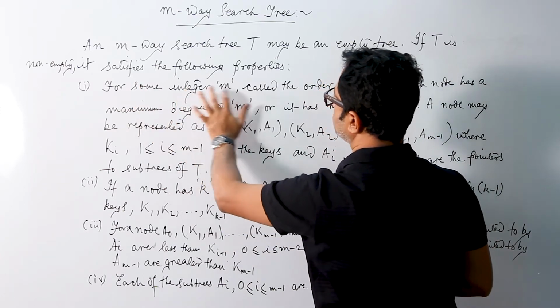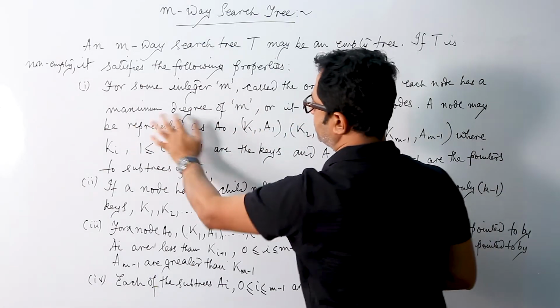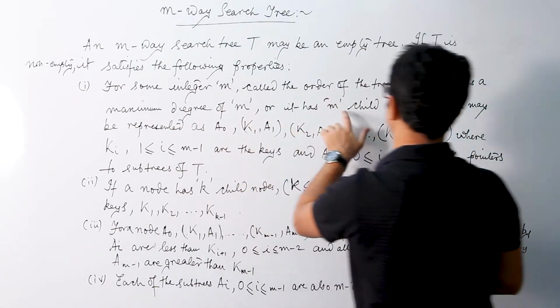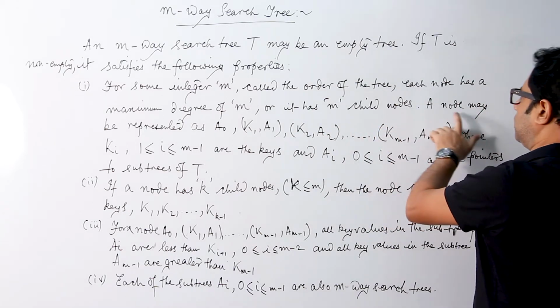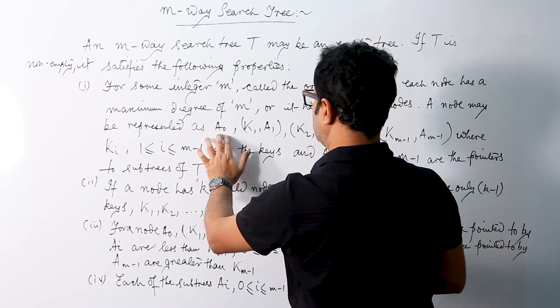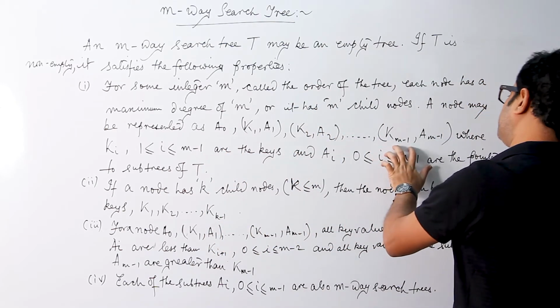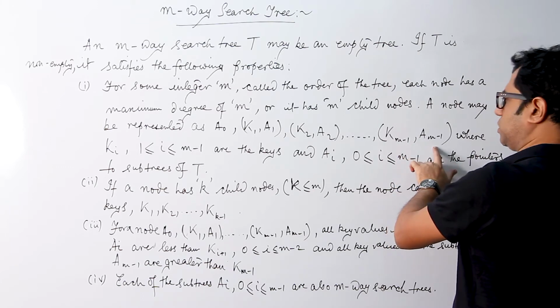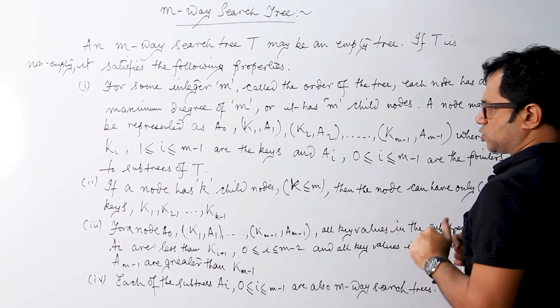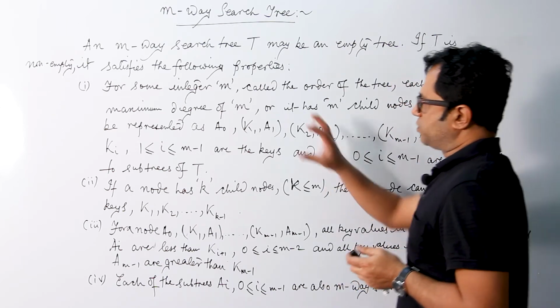For some integer m called the order of the tree, each node has a maximum degree of m, or it has m child nodes. A node may be represented as A0, K1, A1, K2, A2, ..., Km-1, Am-1 in this way. I'm going to explain this part.